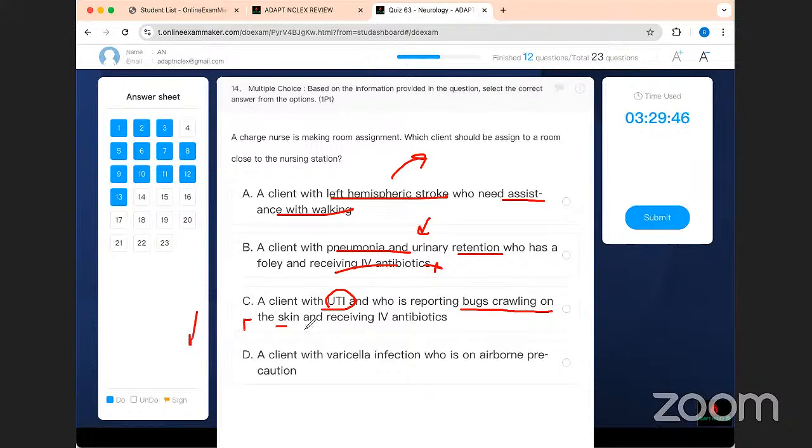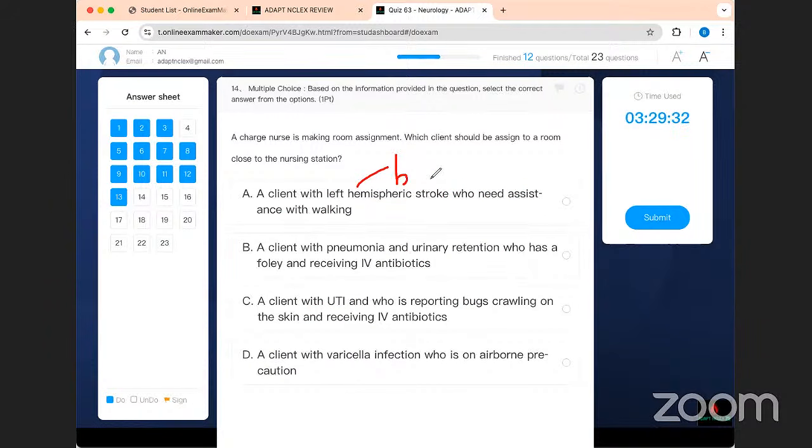He's in delirium. He's getting septic. He will try and get out. This guy will not get out because he needs assistance to walk. He's not going to get up unless there is somebody there. You put the bed alarm and say, don't get up, call me when you're ready. But this guy is seeing bugs crawling on the skin.